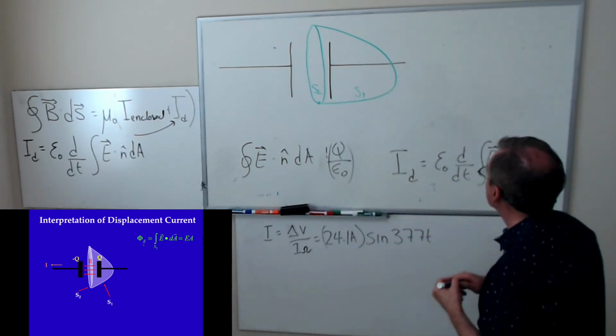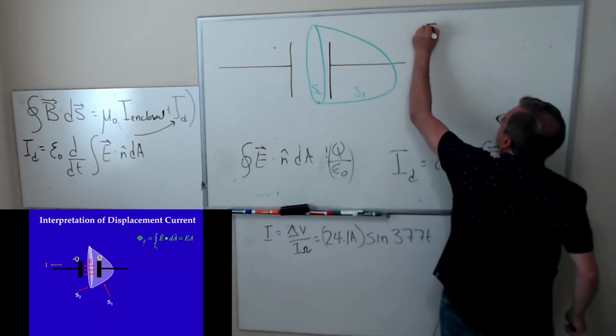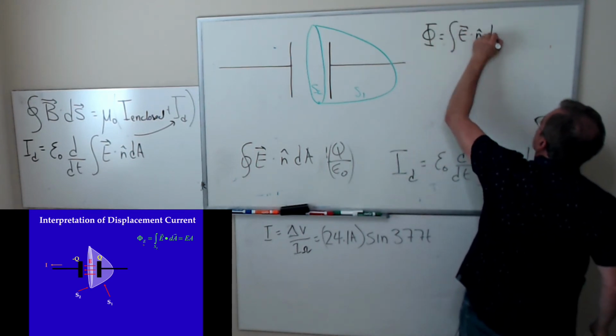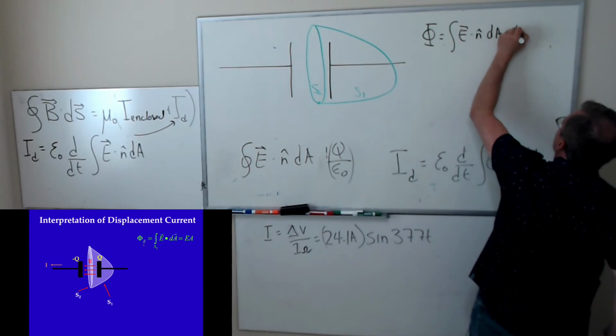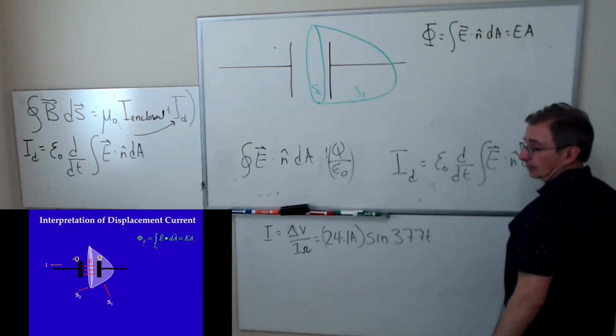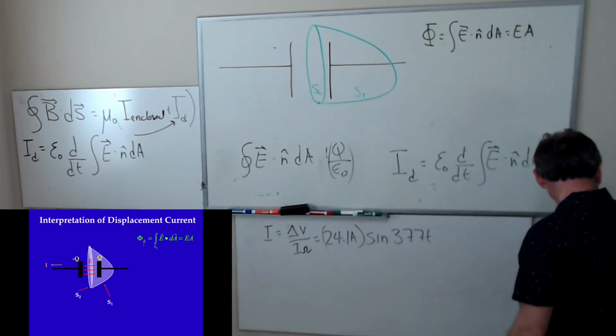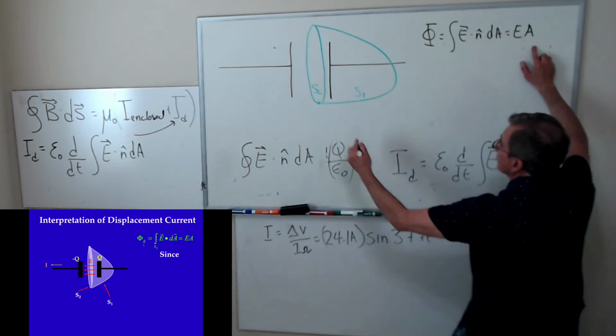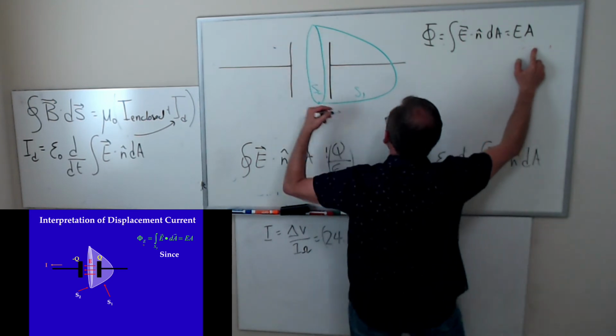It's uniform. So the flux, the integral of E dot n dA, is just E times A, where A is the area of this surface.